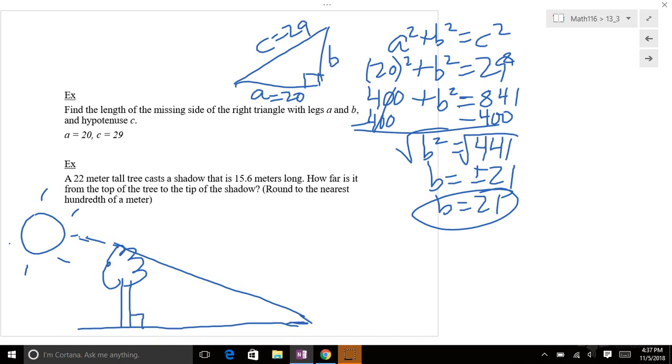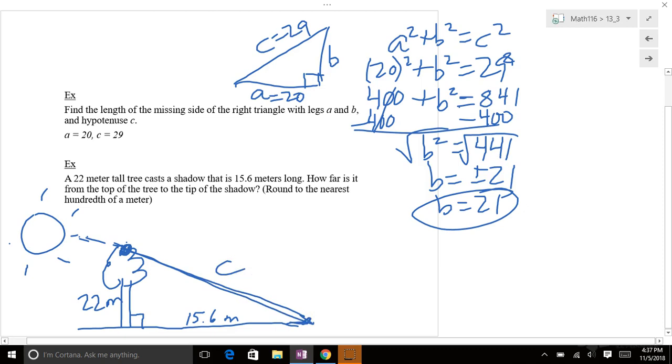Here's your shadow. This tree is 22 meters tall. The shadow's 15.6 meters. How far is it from the top of the tree to the tip of the shadow right there?